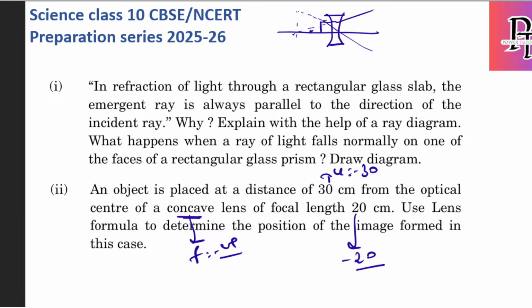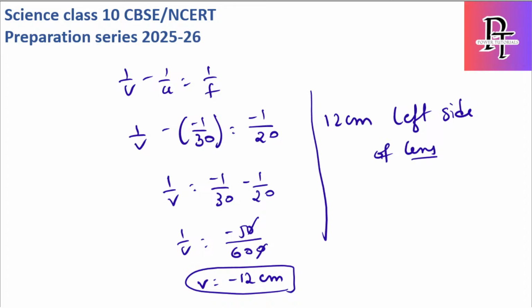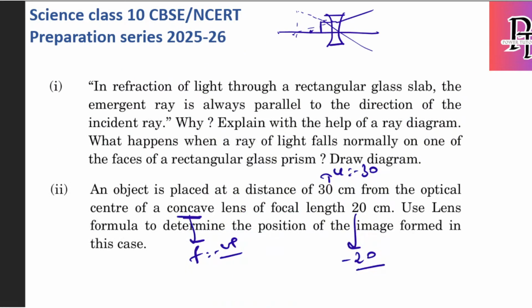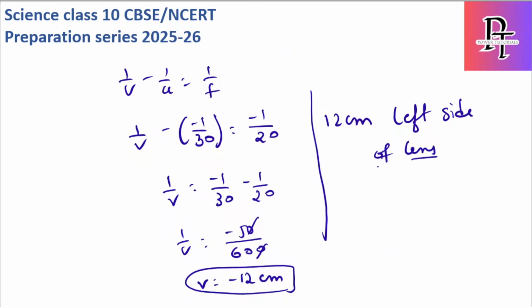Okay, correct. For a concave mirror, it will always be on the left side only, irrespective of the position. So this is the object and this is the image created. This line and these two lines will meet here. So this is the image creation, which is at 12 centimeters to the left side of the mirror. Sorry, left side of the lens. So in this way all the questions related to lens are solved.